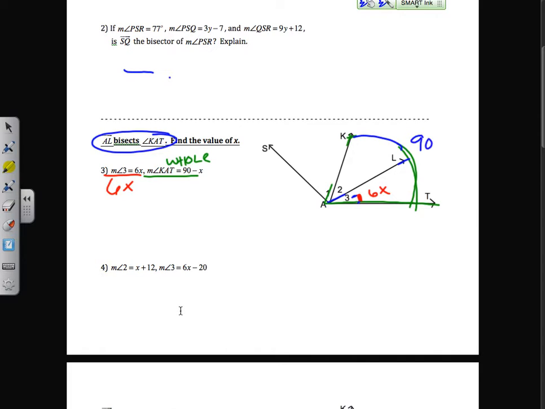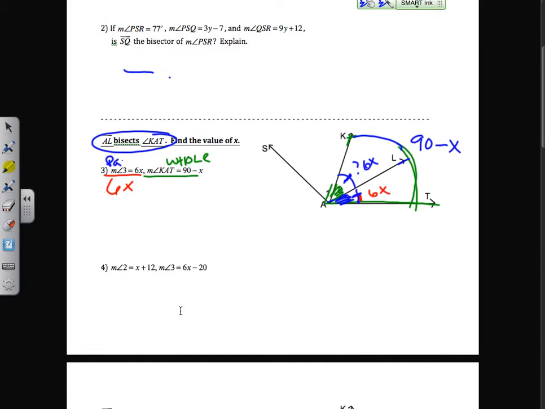I don't know what this is right now. This is 6x. So ideally, I would want to do part plus part equals whole and set up an equation. But first, what is this question mark? And actually, I know it, because it's a bisector, they're congruent, and this is 6x.